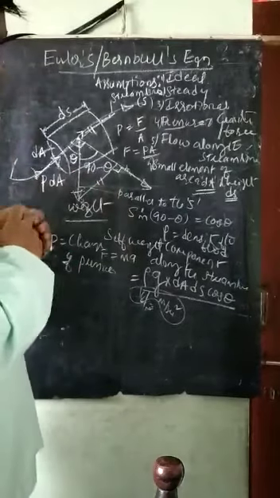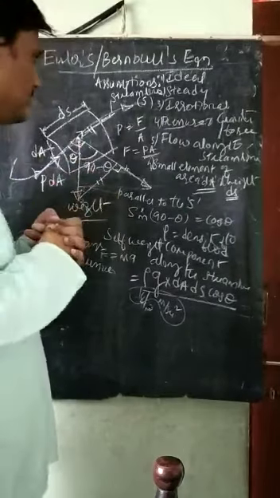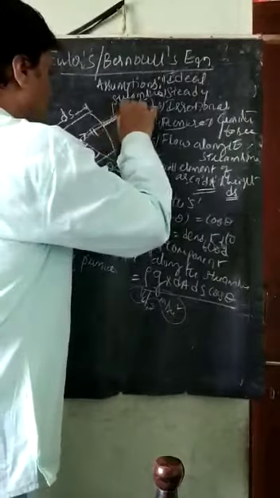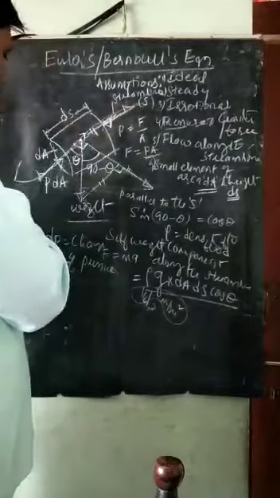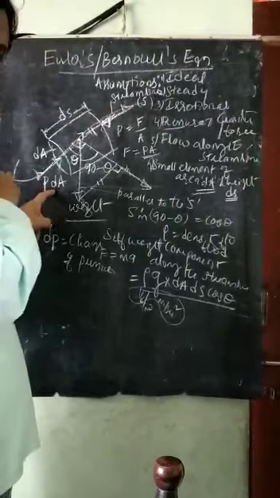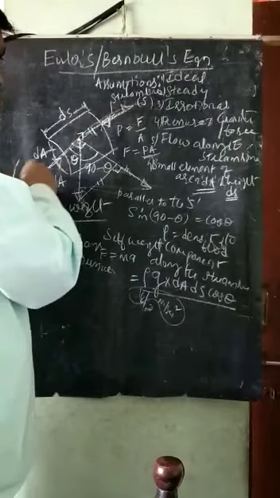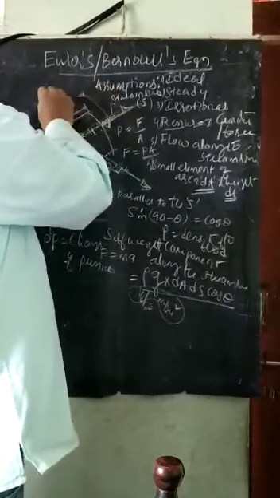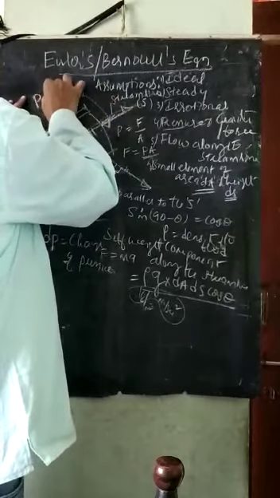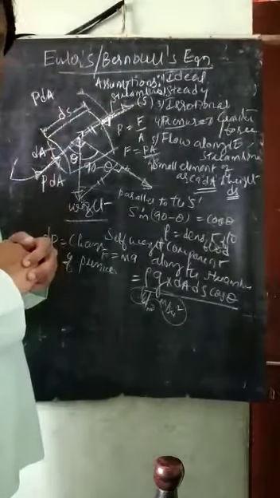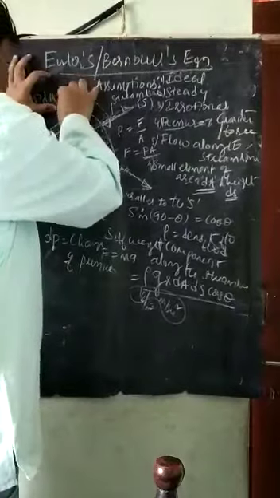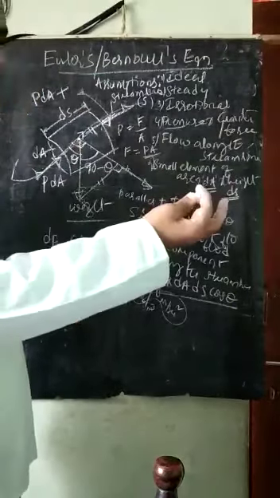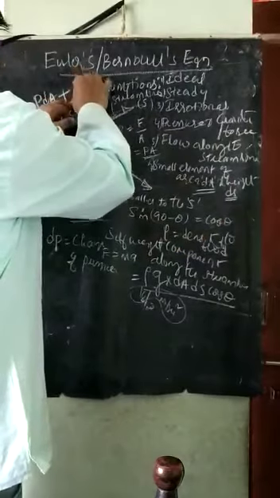How do we apply the Taylor series expansion? Let me write it here. On this side, the pressure force is P into dA, plus the change of pressure into dA, where the change of pressure is dP.